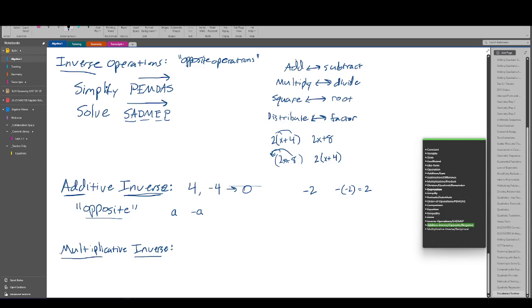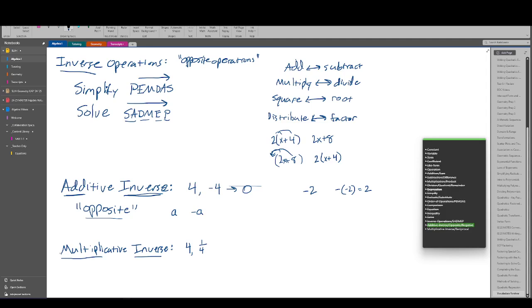And we know that the inverse of multiplying is dividing. So if I have the number 4, its multiplicative inverse is dividing by 4. So 4 and 1/4 are multiplicative inverses.